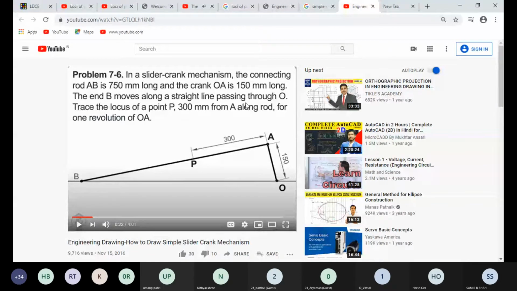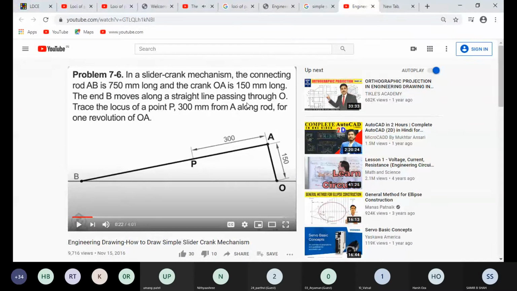Because sometimes the dimensions are larger, as in the current example, and it may not be possible to cover them on our whole page, right? So at that time, we have to either enlarge or reduce the dimensions and then proceed.